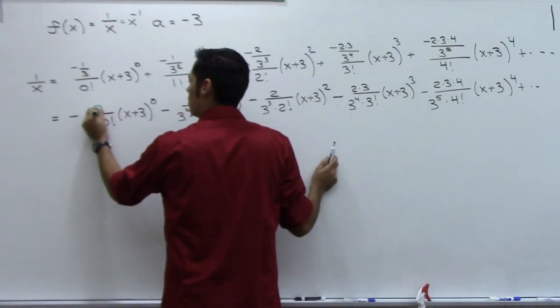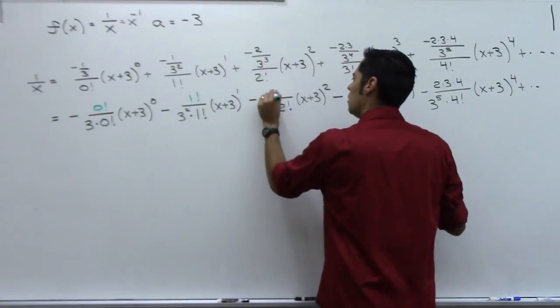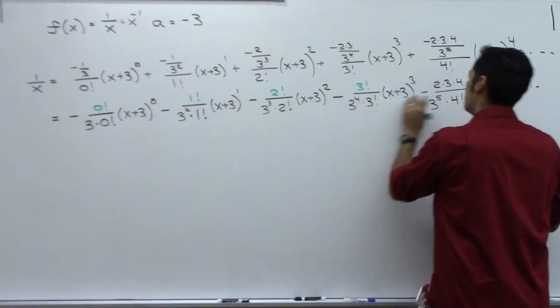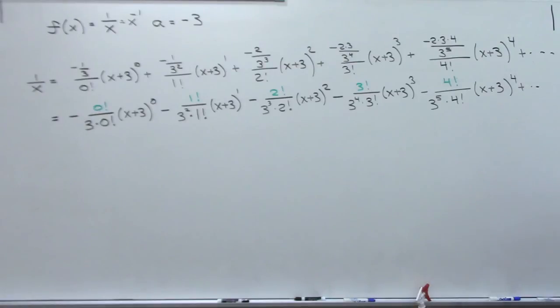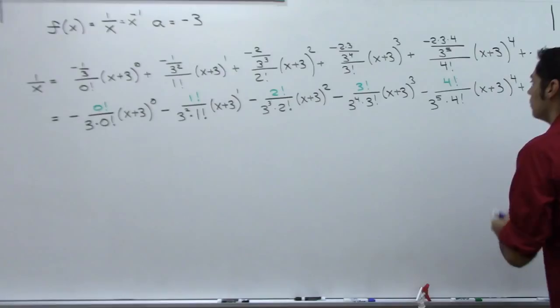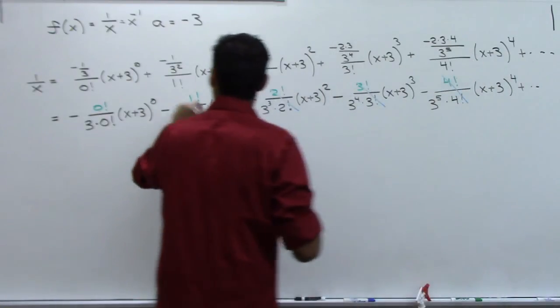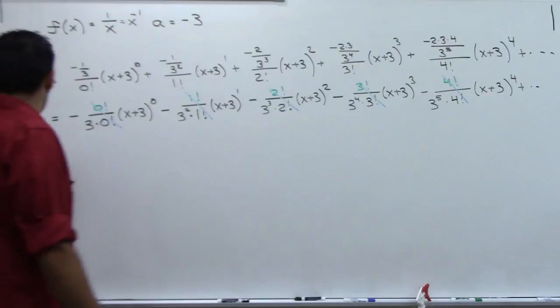So let's rewrite those. 0 factorial, 1 factorial, 2 factorial, 3 factorial, 4 factorial, and that would continue. And do you see that they cancel with the denominator? So all we really have is this.